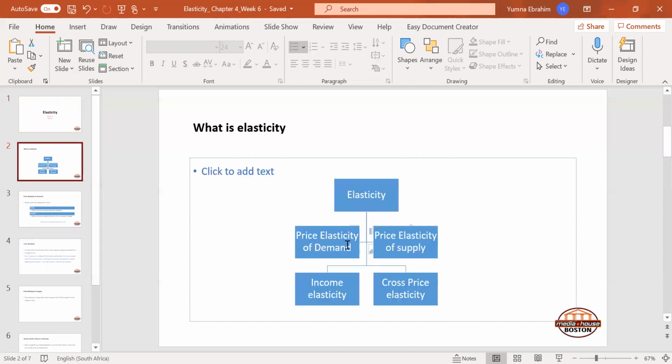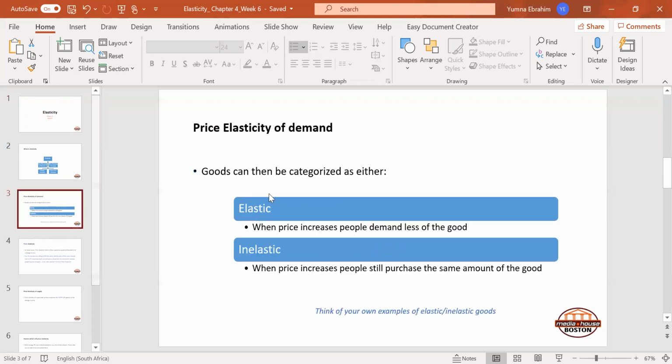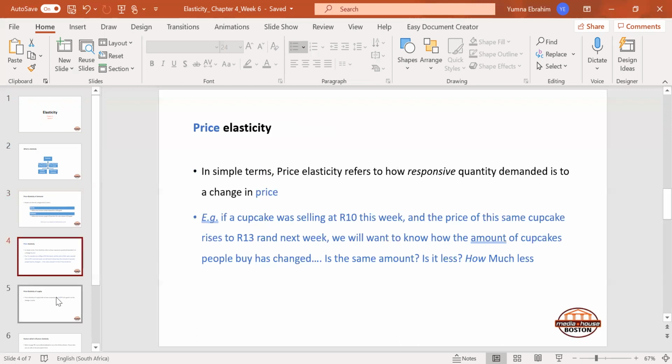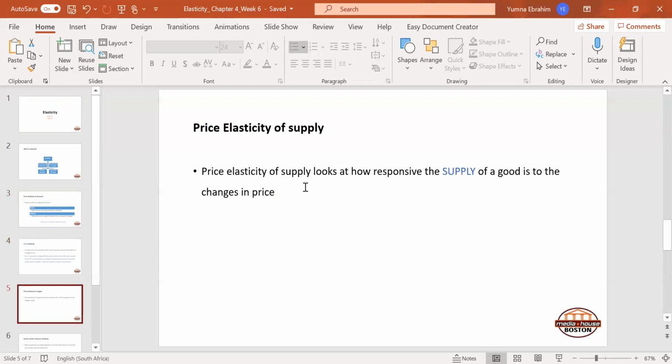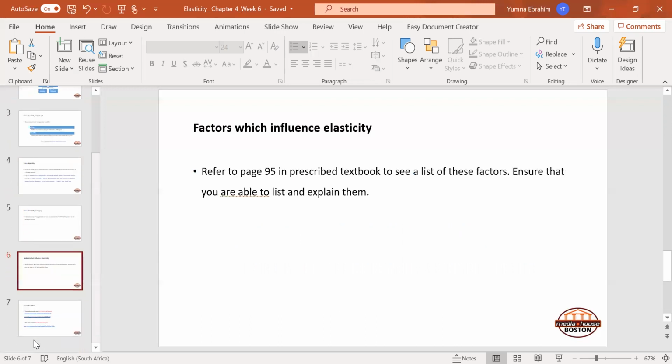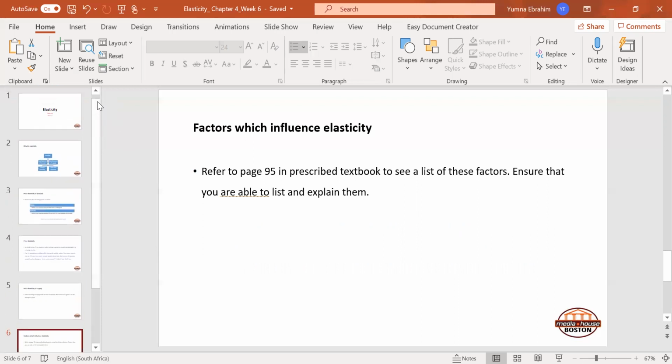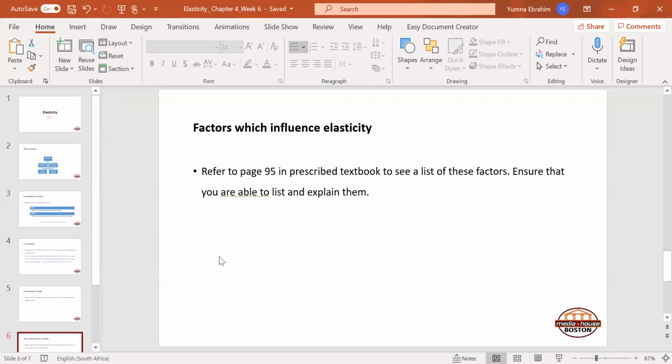We looked at what price elasticity of demand and supply are, and what an elastic and an inelastic good is. We will also look at, during the live Zoom session, the factors which influence elasticity, discuss them in relation to examples, and relate them to real world scenarios. So that's all for now.